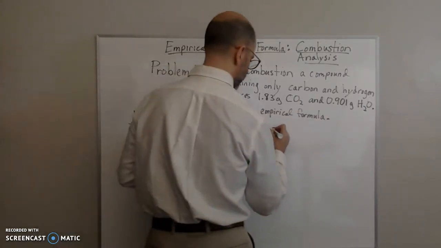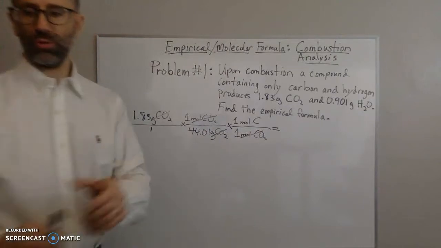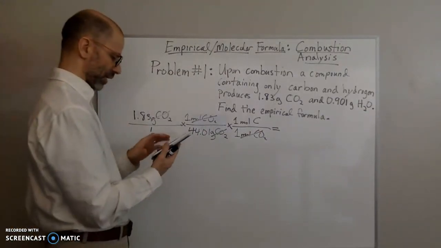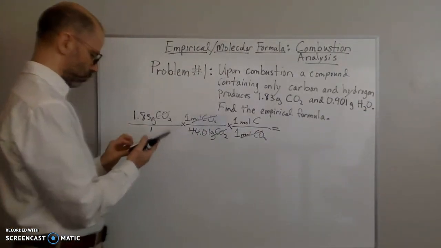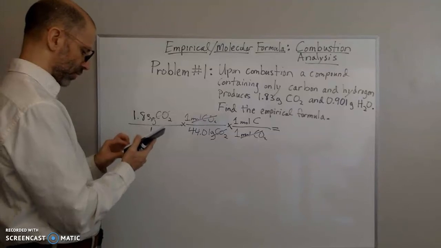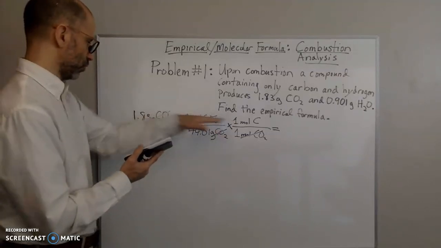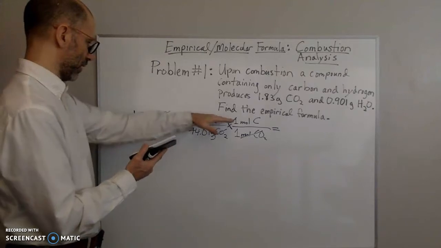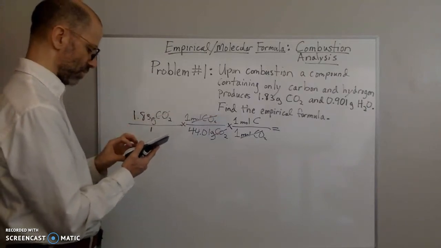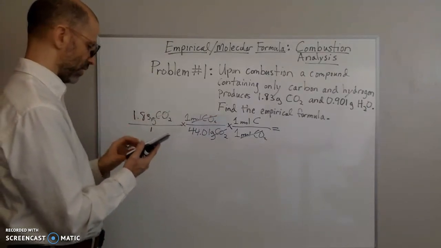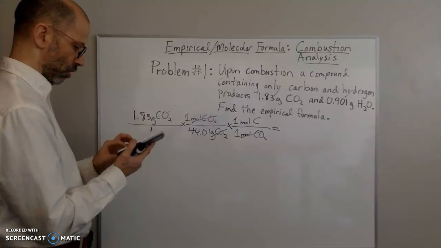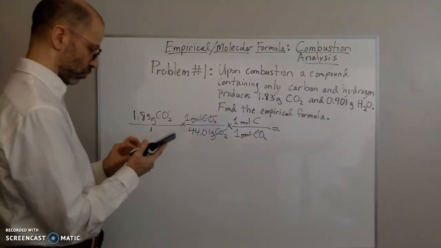So now I can find the moles of carbon. So I will calculate that. So I have 1.83, and the 1s on top don't matter, so I'm going to divide that by 44.01.